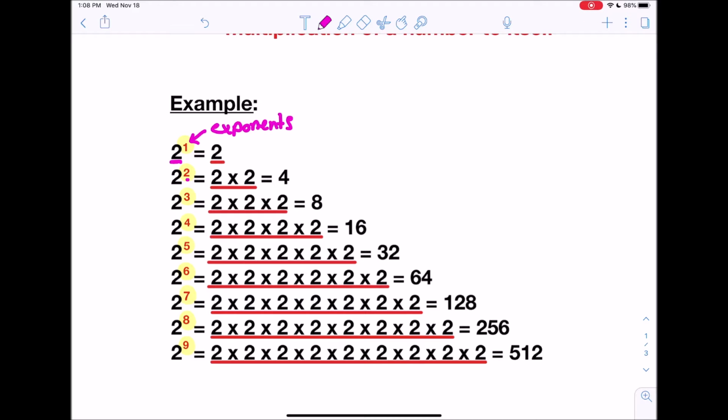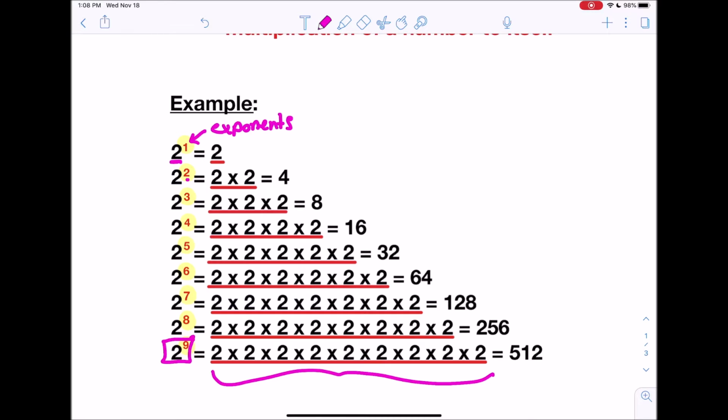So as you can see, the higher the exponent, the more numbers are involved. So it's a shorthand way of writing. Instead of having to write 2 times 2 times 2 9 times, we can just write 2 to the ninth power.